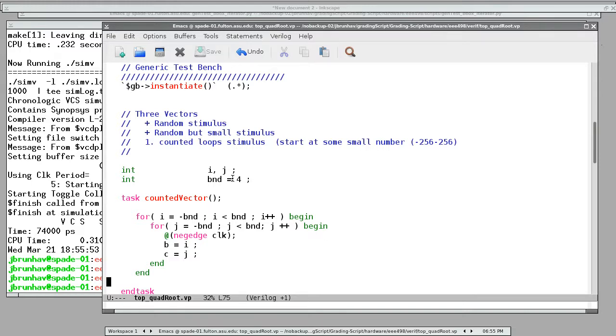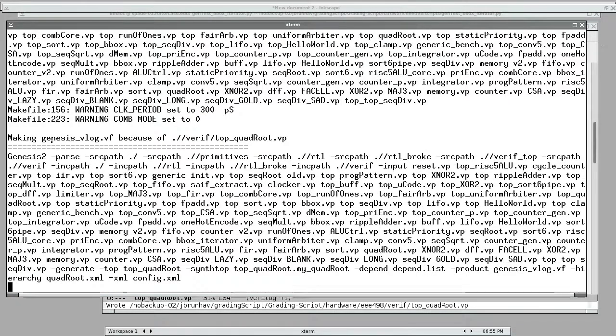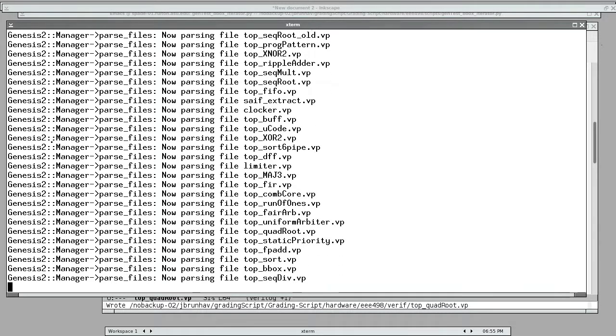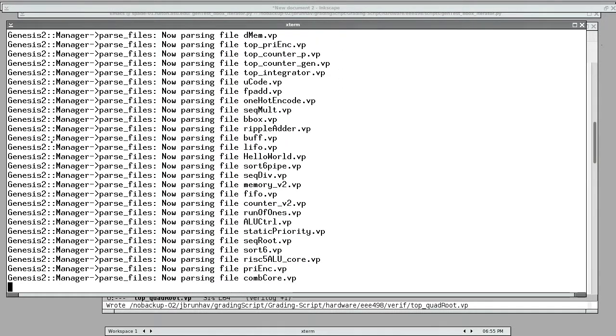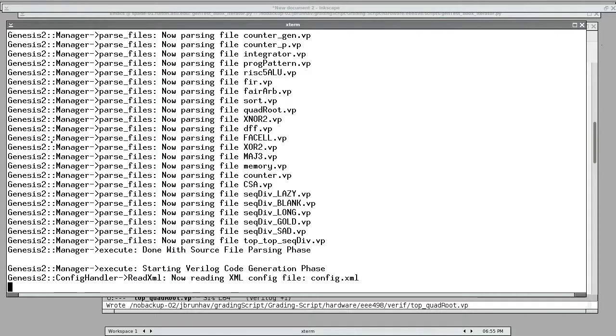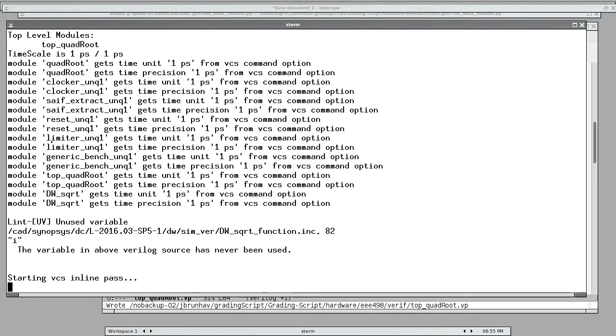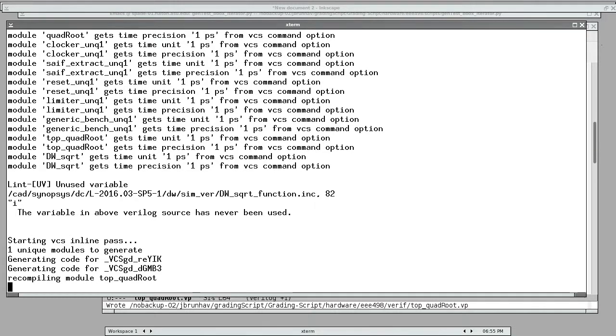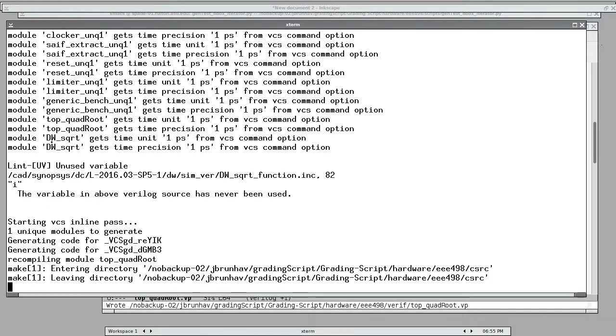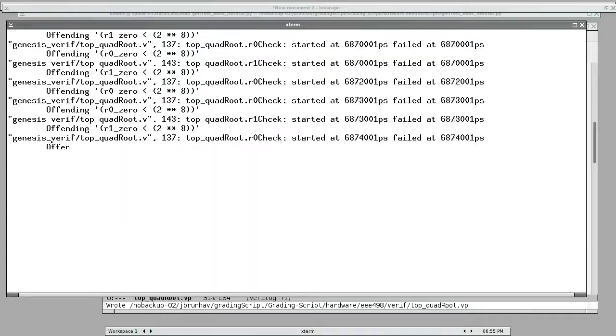All right, let's make our bounds bigger. So let's go 1024. Cool.